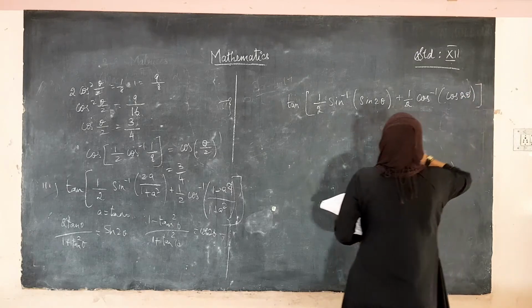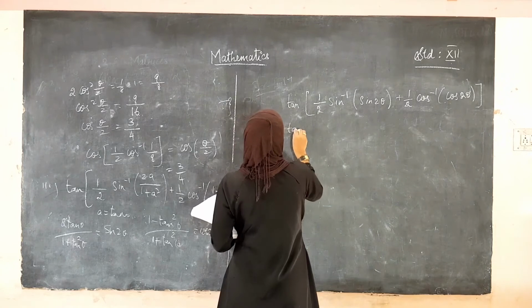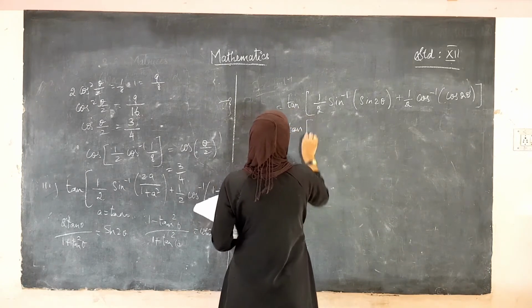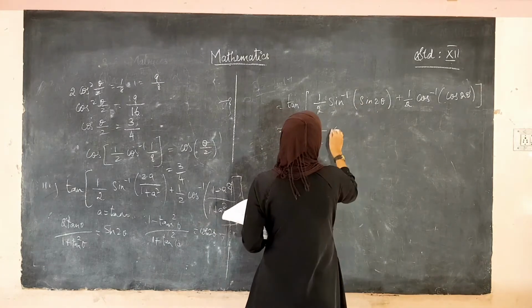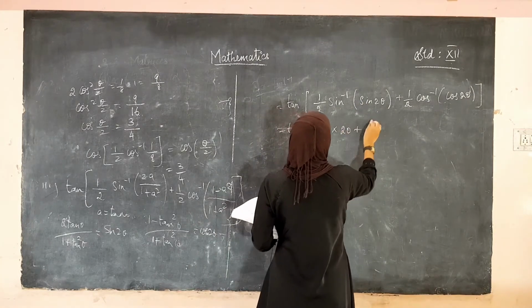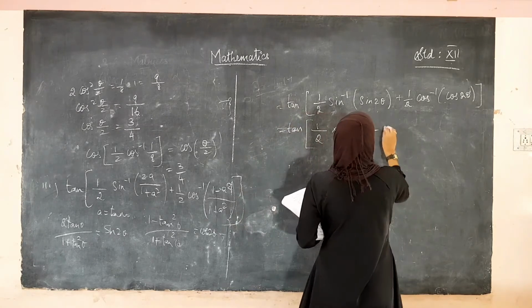Okay, we know that sin inverse of sin of x is equal to x. So, by that tan of 1 by 2 into sin inverse of sin of 2 theta is 2 theta, plus 1 by 2 into cos inverse of cos of 2 theta is 2 theta.